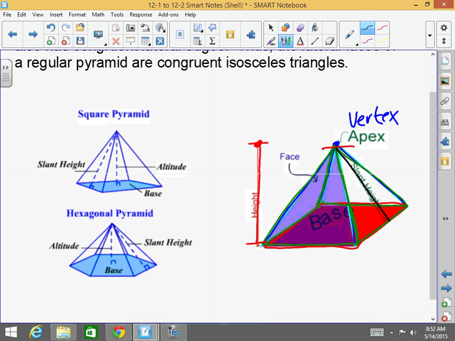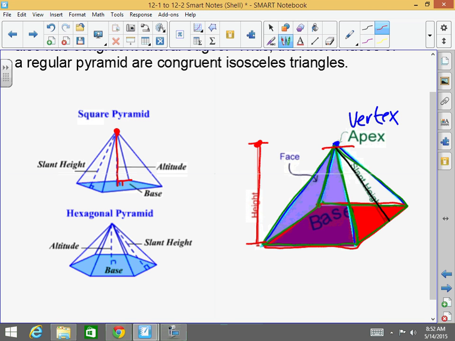Huge stuff here, guys. Got to know your stuff. You have to remember the Pythagorean theorem here as well. Why? Let me explain. Let's look at this square pyramid. At the top here is my apex or vertex. My altitude is the height from vertex to base.